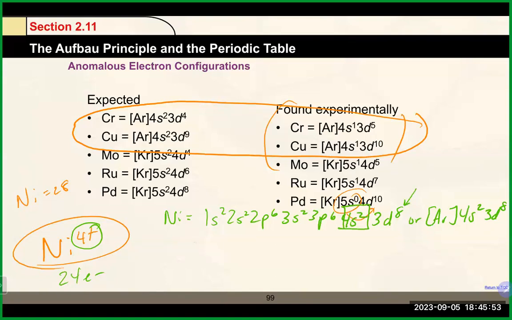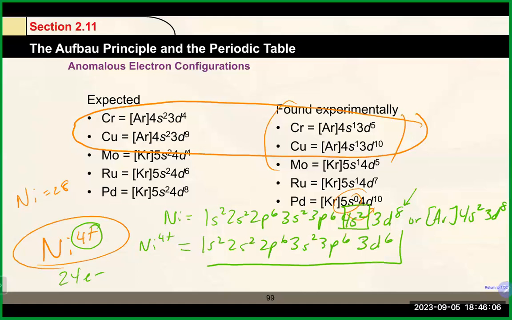And that would get us basically here, our 1s2, 2s2, 2p6, 3s2, 3p6, and 3d6 in this case. Or that would be argon 3d6.